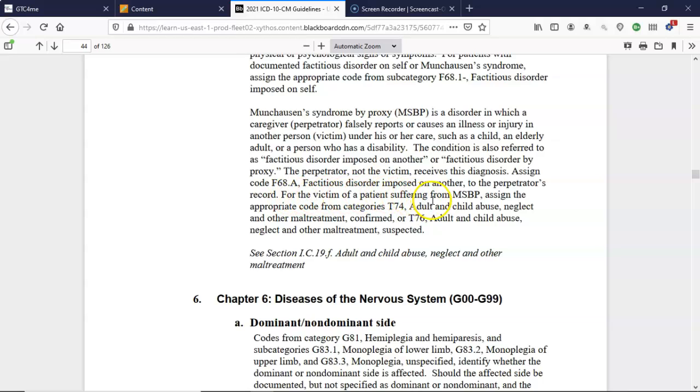The victim who is suffering from this condition is assigned an appropriate code from category T74 or T76, which are the adult and the child abuse codes. So again, this code from F68 for Munchausen's by proxy is assigned to the perpetrator and not to the victim.